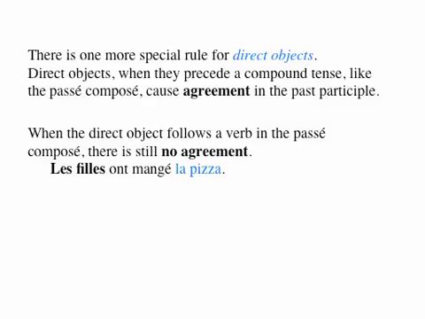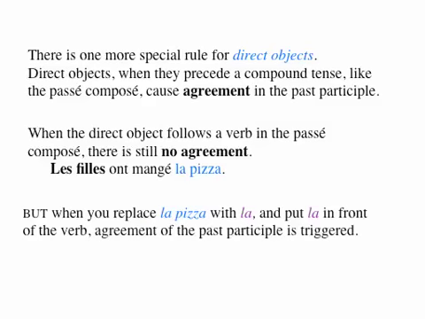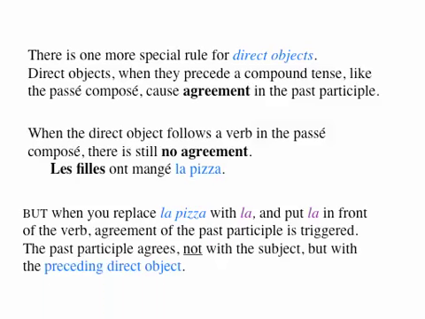The exception to the no agreement rule for avoir is when you replace la pizza with la, and you put la in front of the helping verb. Now you have a direct object in front of a compound tense, and agreement of the past participle is triggered.